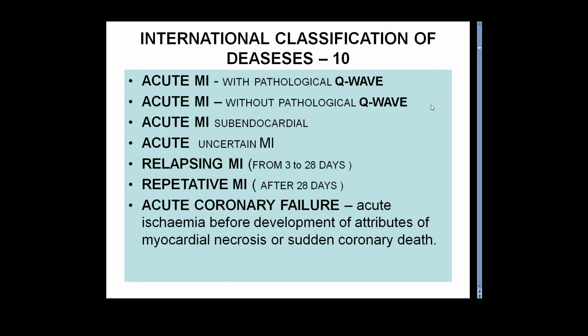Acute MI with pathological Q wave, acute myocardial infarction without pathological Q wave, acute myocardial infarction subendocardial, acute uncertain myocardial infarction, relapsing myocardial infarction from 3 to 28 days, repetitive myocardial infarction after 28 days of the development of previous MI, and acute coronary failure, acute ischemia before development of attributes of myocardial necrosis or sudden coronary death.